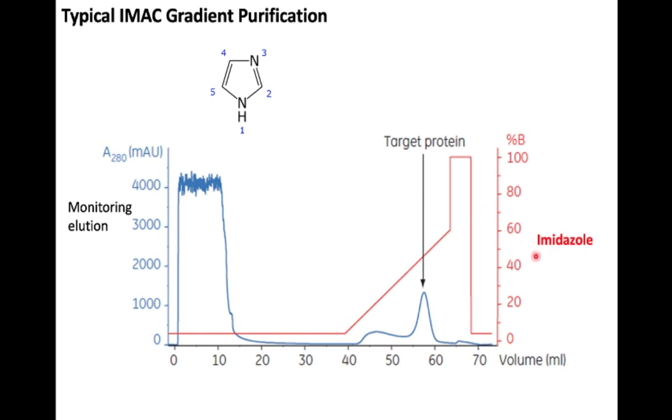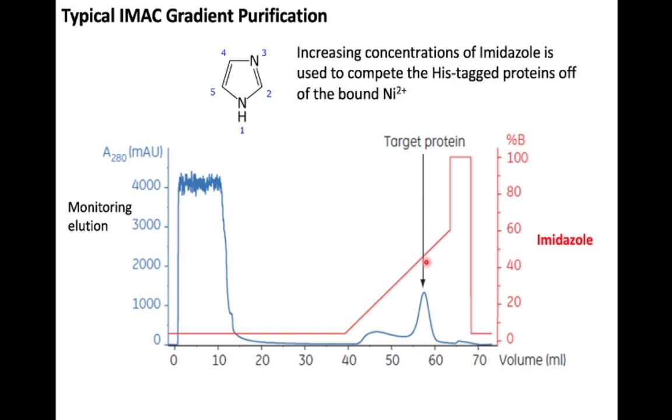Imidazole helps to elute our protein. We first have an initial peak here. It's not really a peak, it's just a little hill. And then afterwards we elute our target protein with imidazole. So by increasing the concentration of imidazole, this is used to compete off the His tag protein, which is bound to the nickel column.